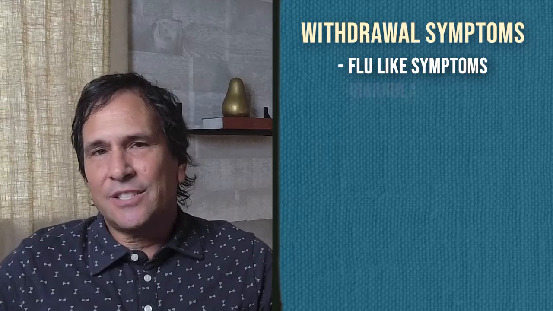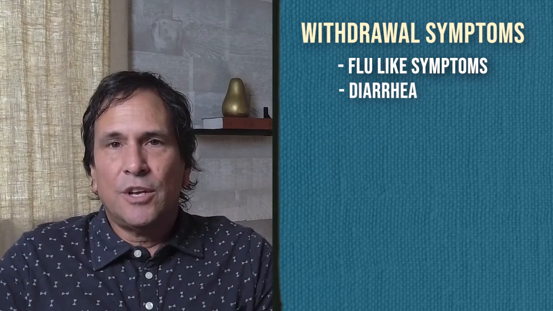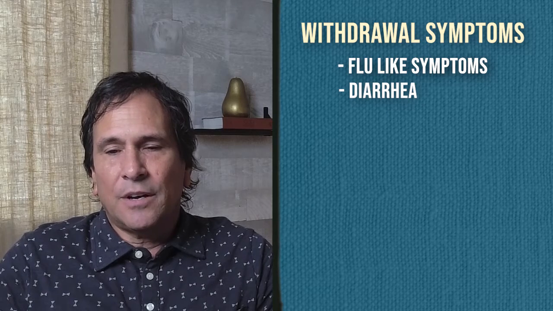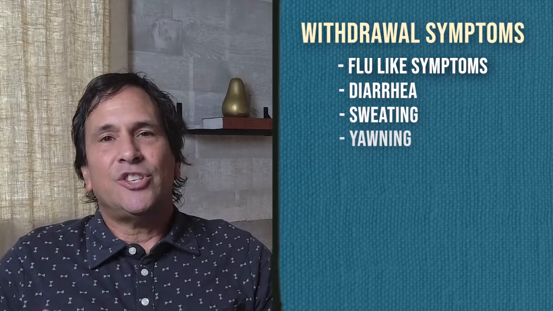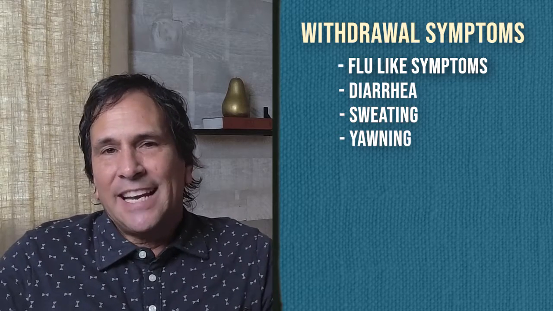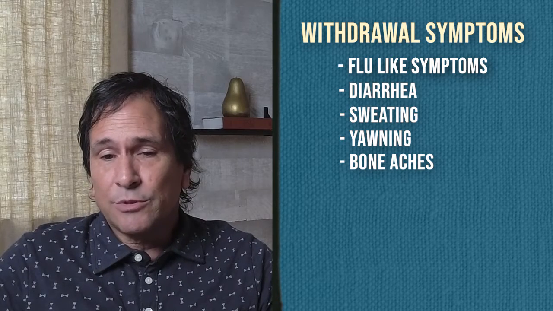Also characteristics such as diarrhea, once they stop using, the withdrawal symptoms start kicking in, sweating profusely. Oftentimes they'll begin to yawn a lot. They'll complain of body aches or bone aches, that their bones are literally hurting. These are all withdrawal symptoms from opiates.